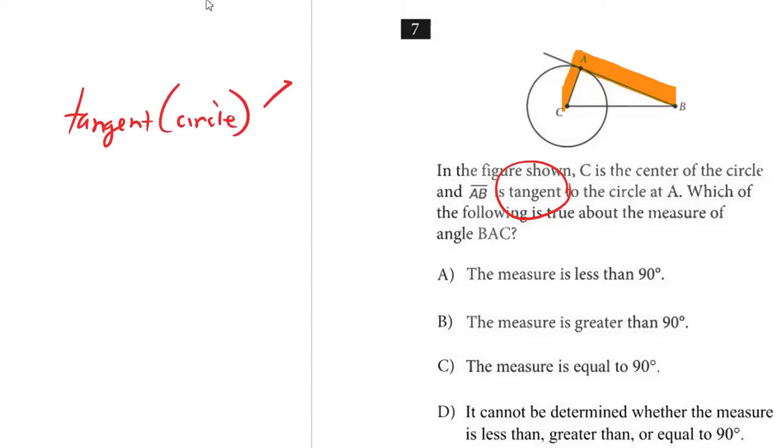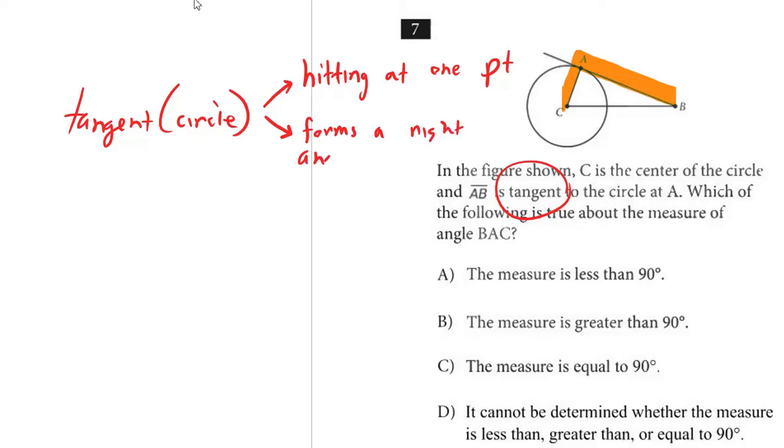Number one, a segment that's tangent is hitting the circle at one point. Number two, at the point where it hits the circle, it forms a right angle with the radius.